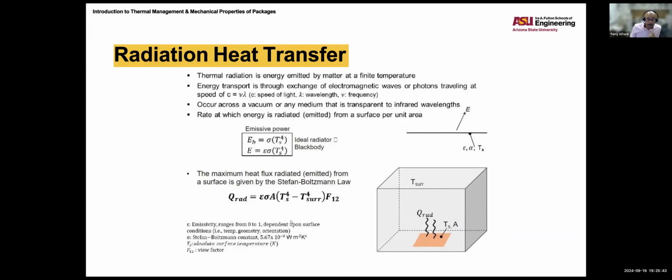So this side is our previous configuration. Now on the bottom, we're going to have the junction. It's got to go through our interconnect layers, the package substrate, and bottom convection.